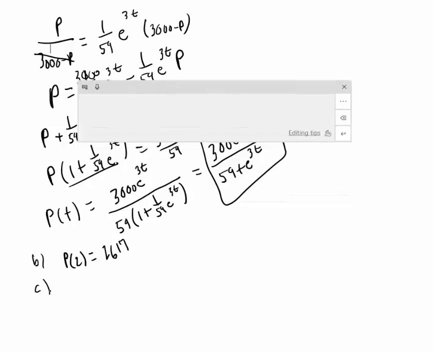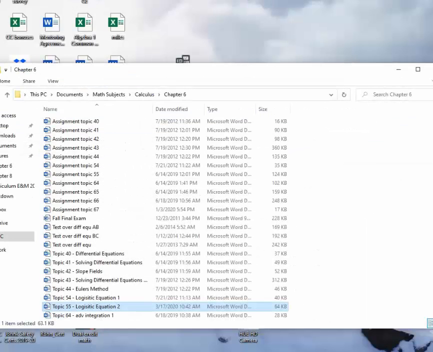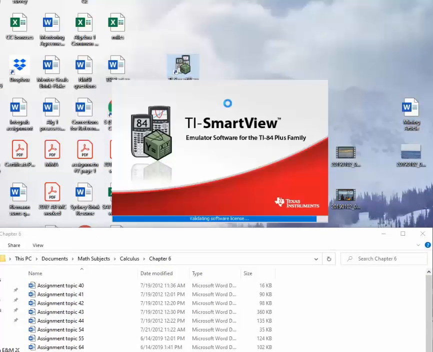And then for part C, I was finding how many days had gone by when I had 2,400 people. That would be graphing this. So let me go ahead and pull up the graphing calculator so you can see what I'm plugging in just for review.